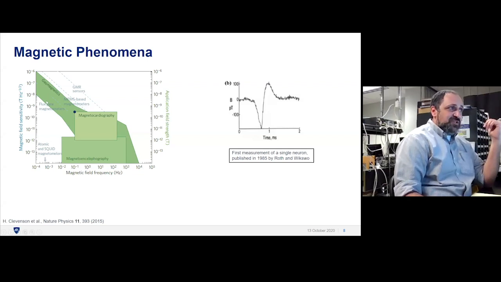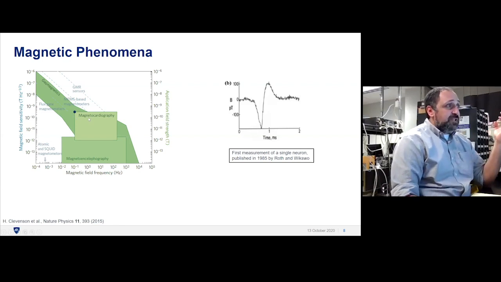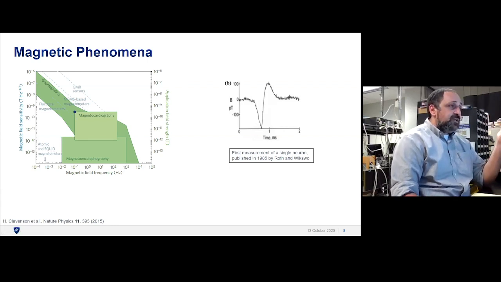You don't have to be super sensitive. But say you want to get into phenomena that involves the human body, which is magnetocardiography, the heart, or magnetoencephalography, the brain. Now you have to be very sensitive. And the most sensitive atomic magnetometers and SQUIDs, which I haven't described yet, but will, are capable of that.